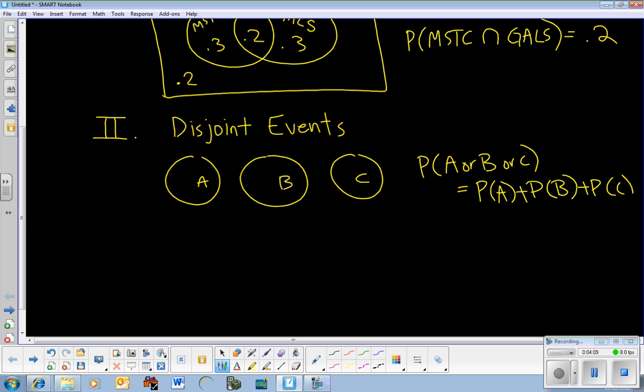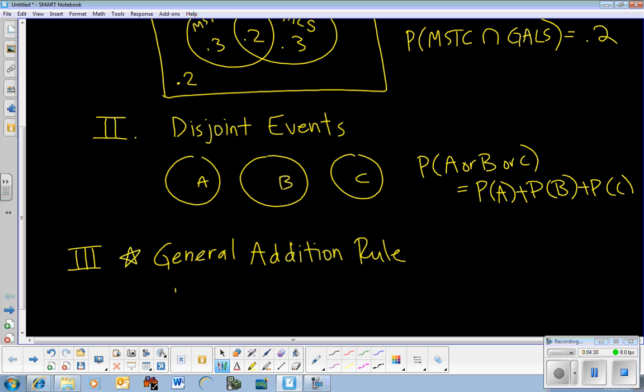Okay, so in general, you can say this. This is called the general addition rule. Basically what it says is the same thing.